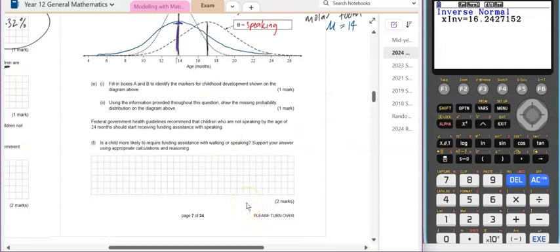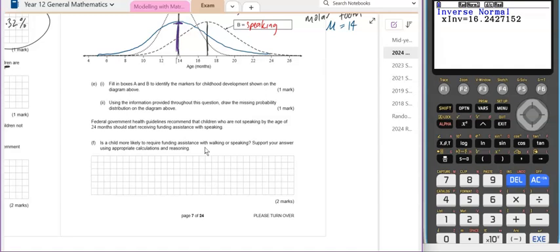Last part of this question then says, the federal government health guidelines recommend that children who are not speaking by the age of 24 months should start receiving funding assistance with speaking. Is a child more likely to require funding assistance with walking or speaking? Support your answer using appropriate calculations and reasoning.